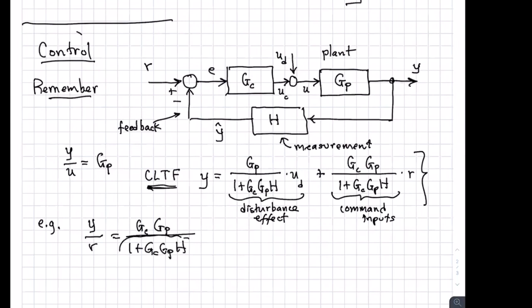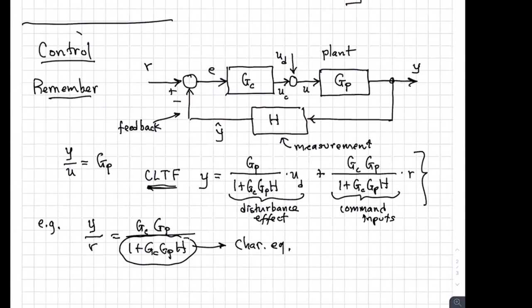This is your characteristic equation. And remember how you can look at the roots of the characteristic equation to tell you how you want to design the system, whether the system is stable, and so on.